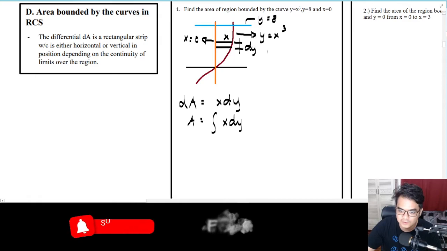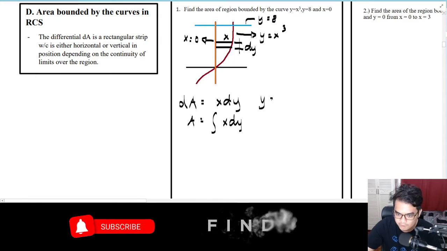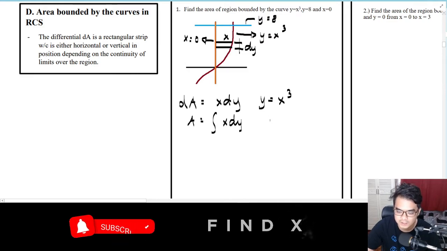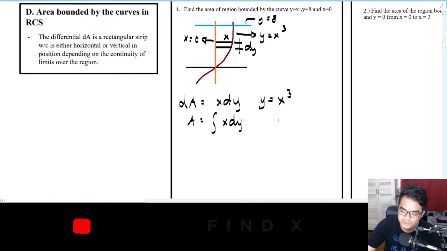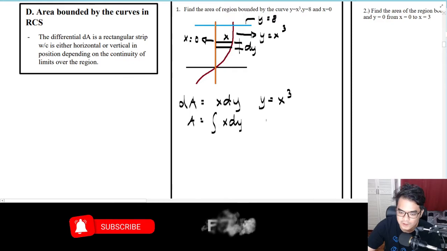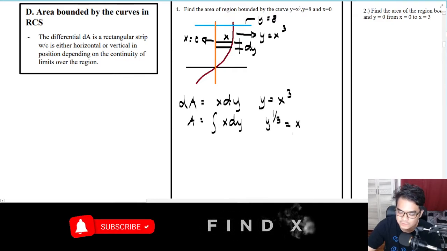That's really easy because we have the equation y equal to x cubed. Raising both sides to 1/3, you will have y raised to 1/3 equal to x. Therefore we replace the x in the equation with y raised to 1/3.